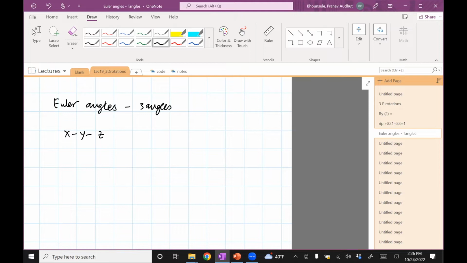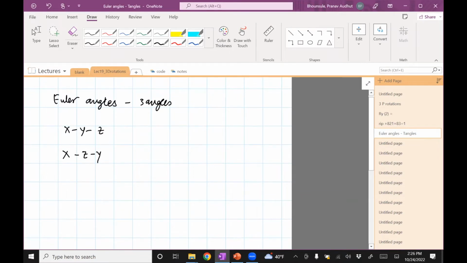But you can also do it by interchanging z and y. It will represent the same rotation, but with different parameters, different angles, because those 2 rotations are sequenced differently, and we'll get to that in a bit. You could also do x, y, x. You can do x, z, x.